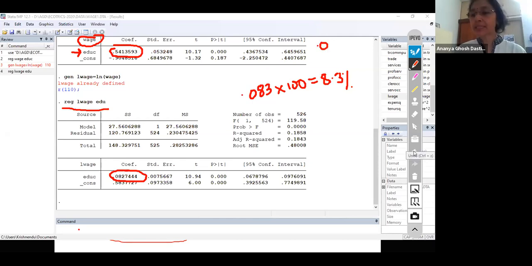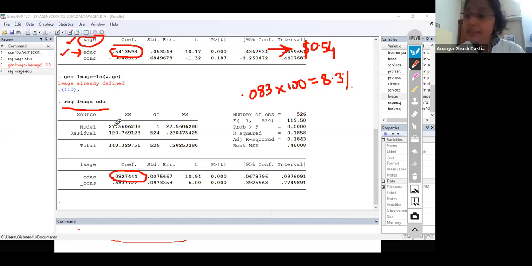Sorry, it increases your wage by $0.5. Okay, that was my result. Why? Because education is measured in years and wage is measured in dollars. So an extra year of education increases wage by about $0.50 or about 50 cents, right? That is what these results are telling you. The results in your level model where you've regressed wage on education.